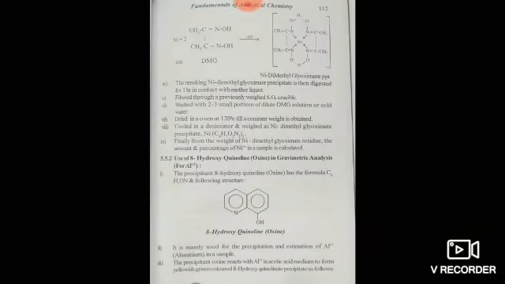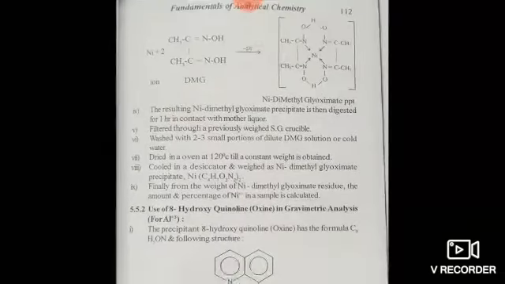After that, this reacts to form the chelate compound with the nickel. So the resulting nickel dimethyl glyoxime precipitate is then digested for 1 hour in contact with the mother liquor, filtered through the previously weighed silica crucible, and washed with 2-3 small portions of the DMG solution or cold water, dried in an oven at 120 degrees Celsius till a constant weight is obtained.